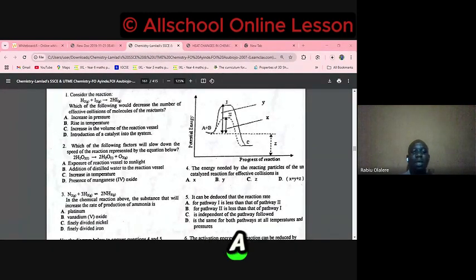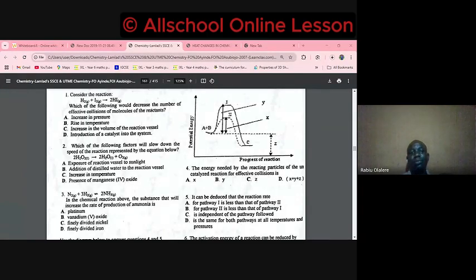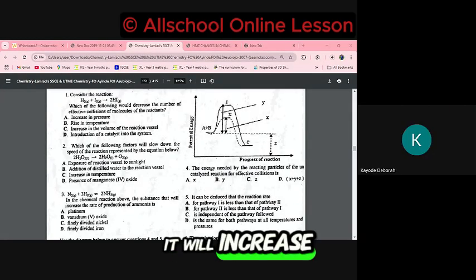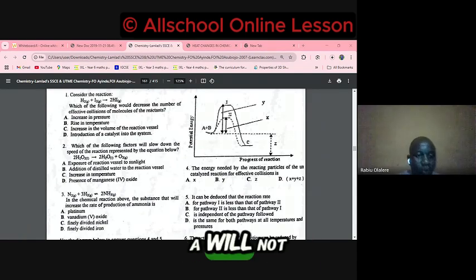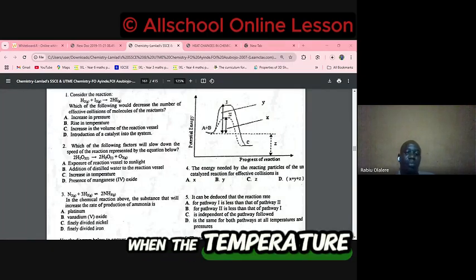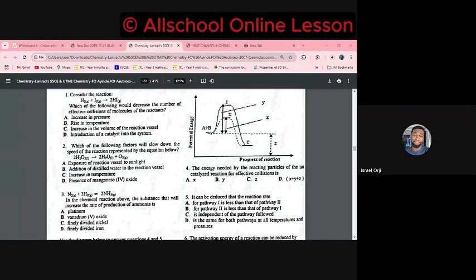Option A, if we increase the pressure, what will happen to the rate of reaction? It will increase. So that means A will not be the answer. Number two, rise in temperature. When the temperature increases, what happens to the rate of the reaction? It increases.